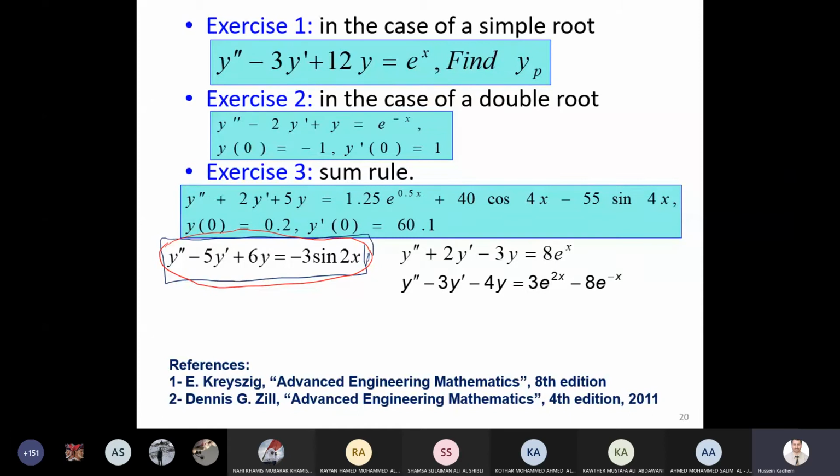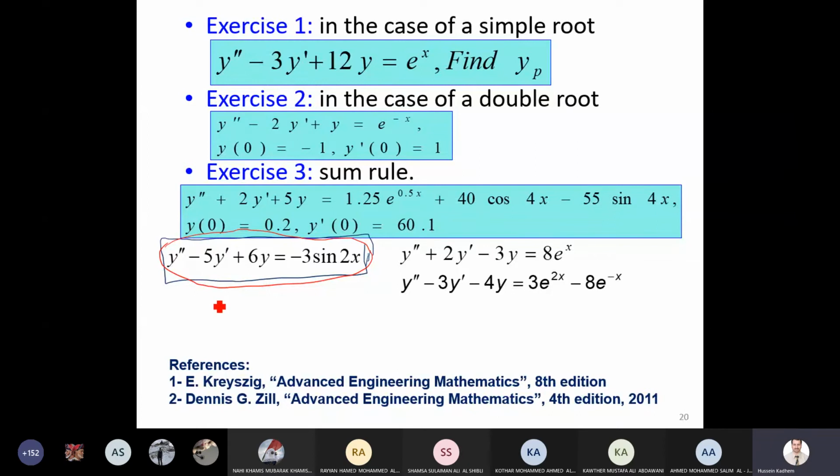Homogeneous, what type of roots will we have? Yalla, Hamad, Kauthar, Ali, anybody found it?